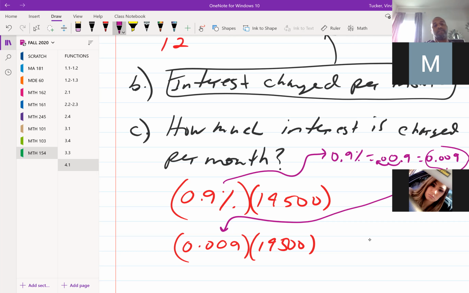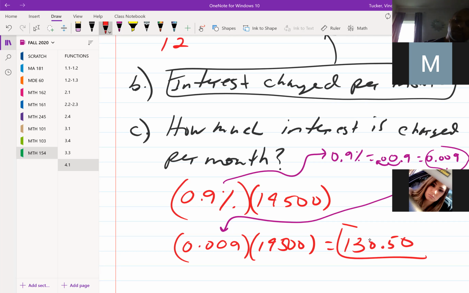Yep, that's the same thing. Moving your decimal 2 places to the left or dividing by 100 will give you the same result. So $130.50.